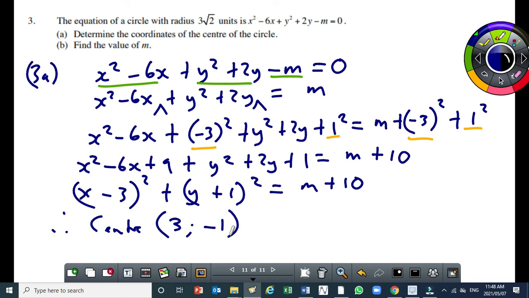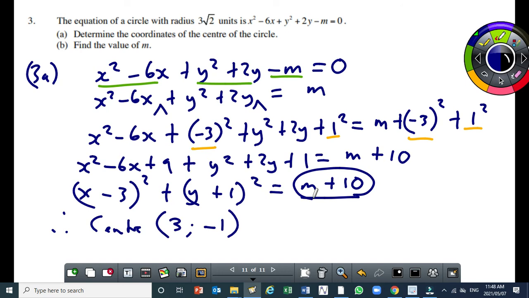Then the next question says find the value of m. Now, to get the value of m, we now need to use the length of the radius because this is equivalent to r squared. It's not r. Okay? This is equivalent to r squared.